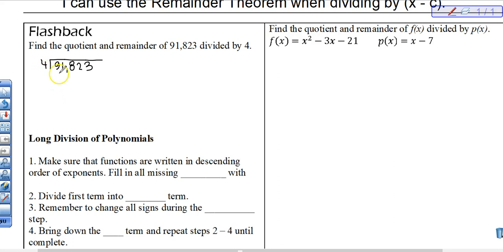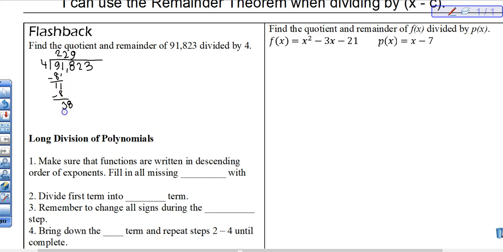4 goes into 9 2 times, okay? And then we multiply, and we subtract. And then we bring down the 1. And we start over. 4 goes into 11 2 times. 2 times 4 is 8. And we subtract 3. And we bring down the 8. And we start over. 9.